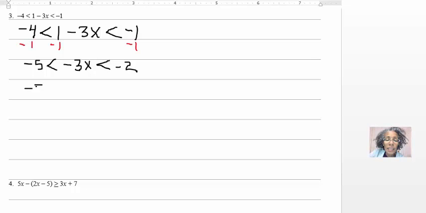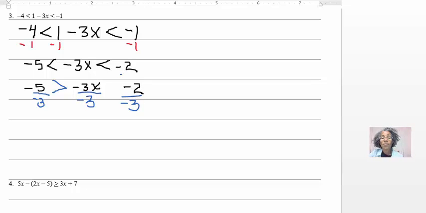Whenever I divide by a negative, I always change the direction of the inequality symbols at the moment that I divide by that negative. So we wind up with 5/3 greater than x greater than 2/3.